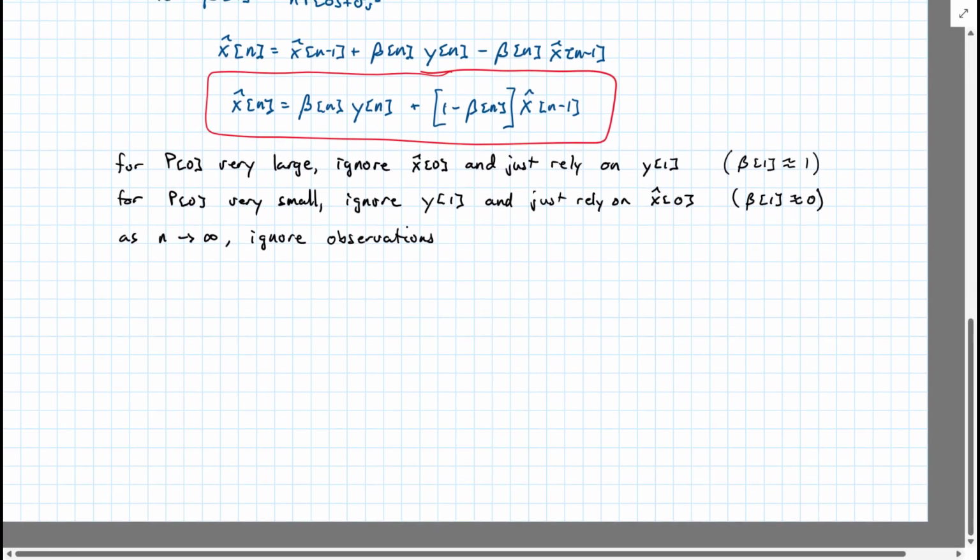Well, there is, of course, a problem with ignoring observations. What happens if our model is wrong? We assumed that x didn't change, but what happens if it does, ever so slightly, or eventually it starts changing ever so slightly? We're talking about the underlying system, the true x. At that point, we would diverge.